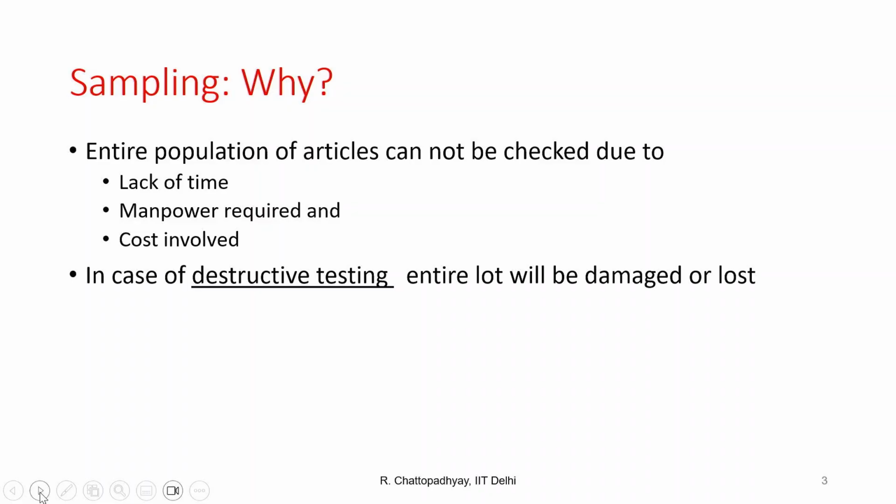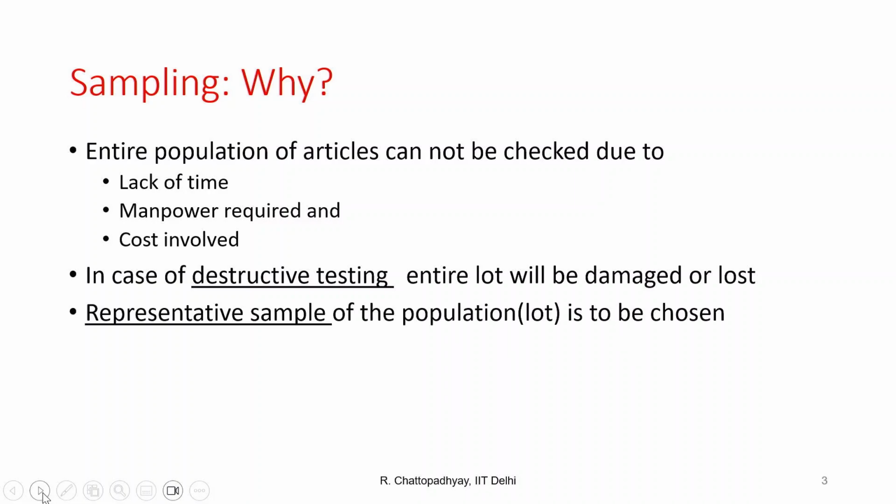And therefore, we can only choose a representative sample of the whole population, that is the lot, and then we can go for the required tests that we want to perform on it. So the sample is going to be a representative of the population. That is the most important thing.